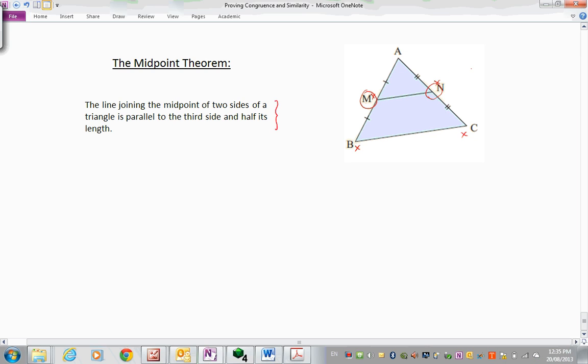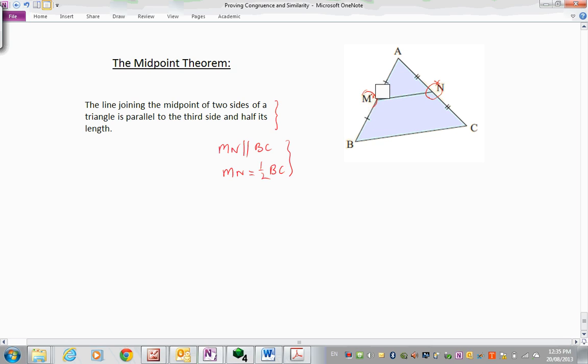This theorem says that if you join two midpoints, you create a line MN, and MN will be parallel, is what we've got to prove, to BC, and MN's length will be a half of BC's. So that's a pretty powerful result. Let's see if we can prove it.